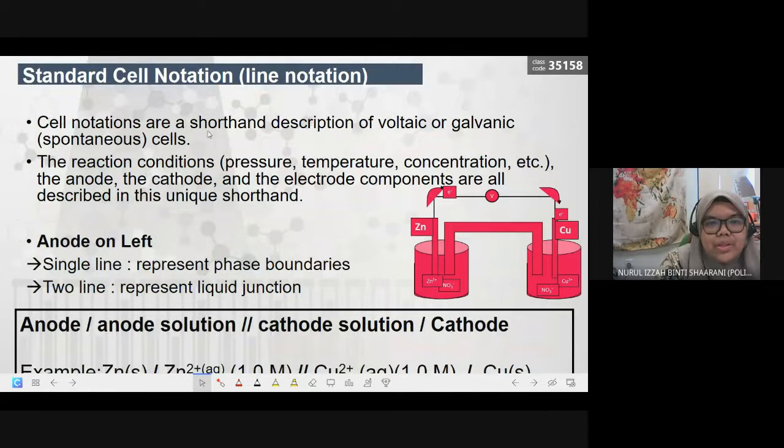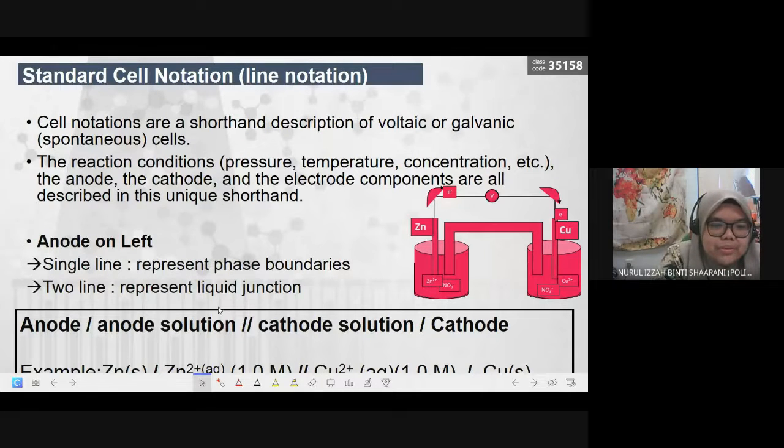So it is a shorthand description of voltaic or galvanic spontaneous cell. The reaction condition, for example pressure, temperature, concentration, tapi biasanya kita letak concentration je lah, of the anode and cathode, and the electrode component are all described in this unique shorthand. Dia akan bermula dengan anode.